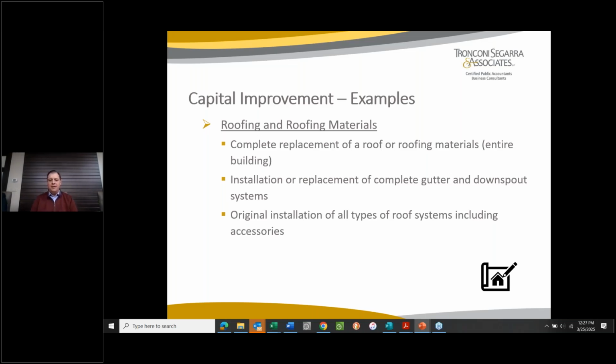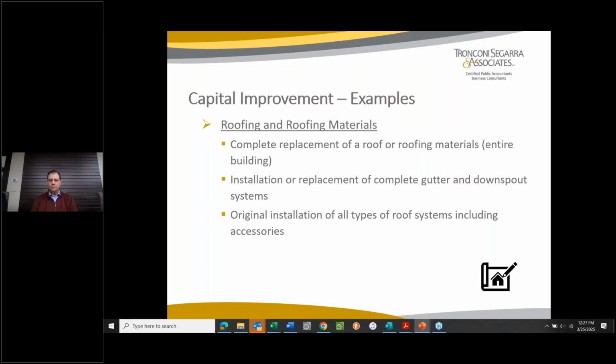Same thing with the installation or replacement of a gutter or downspout system. Kaitlin, that's a question I guess I would have for you. If I'm only doing maybe the front downspouts and gutters in my house, would you guys consider that a capital improvement, or does it have to be the whole house? It's kind of a tough question. There are several services like that where it kind of depends on the extent of the work being performed.